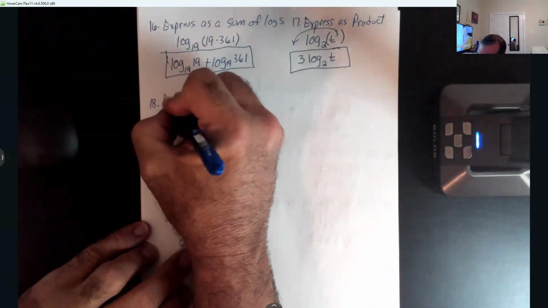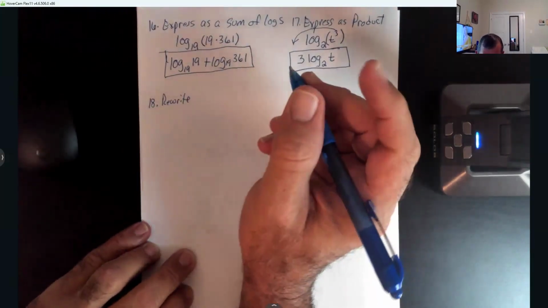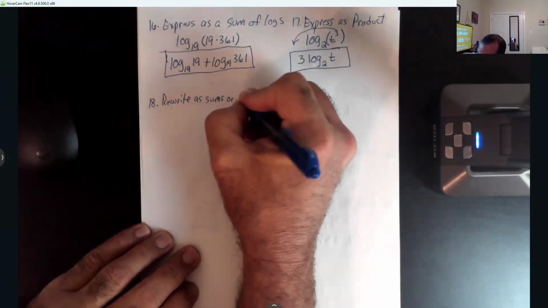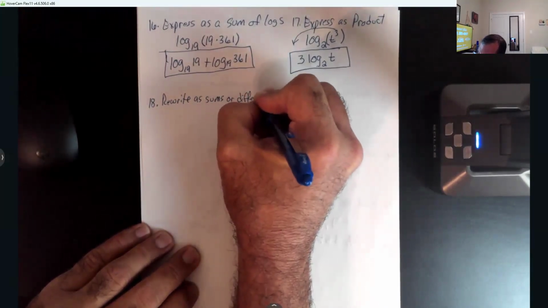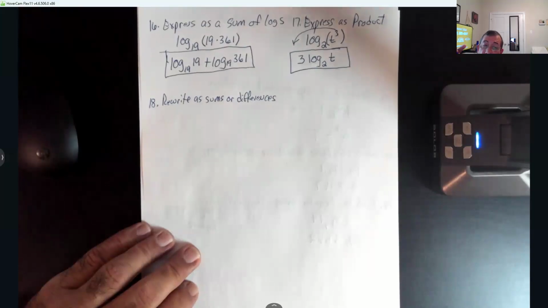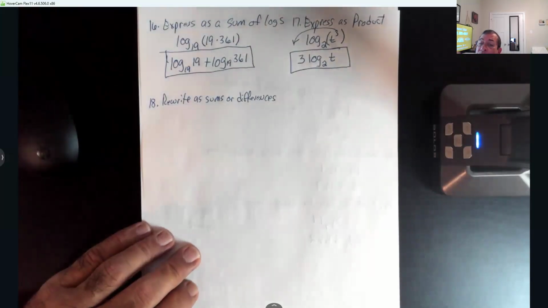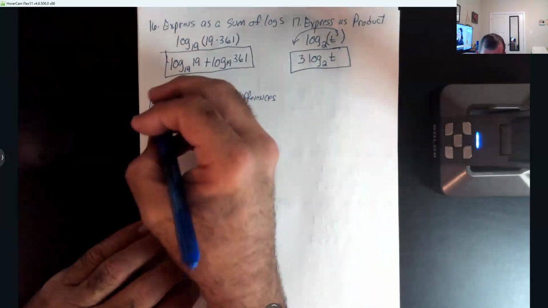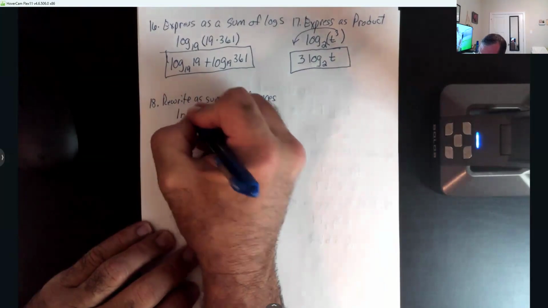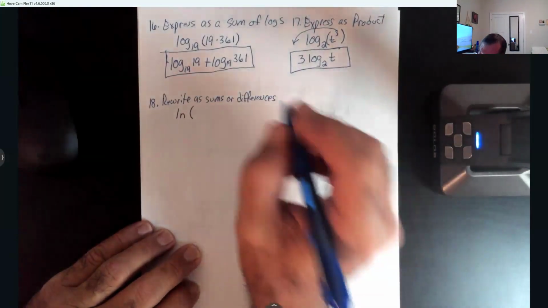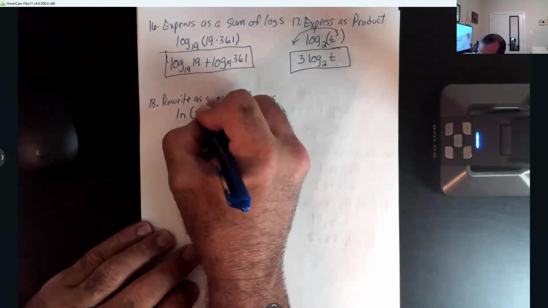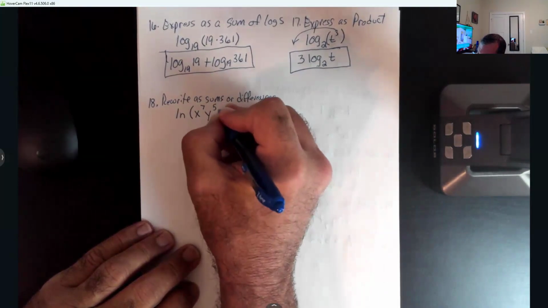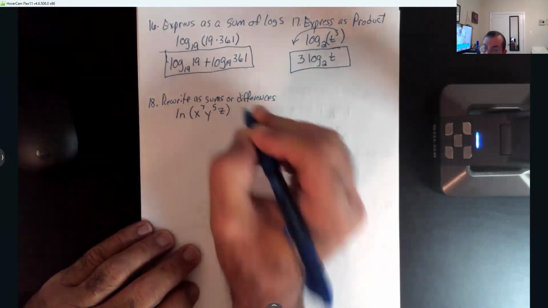All right, this says rewrite as sums or differences. Now this one, you got to simplify all the way through if you got things that you can do to it, okay? So they're giving me for 18 an ln of x to the 7th, y to the 5th, and z.